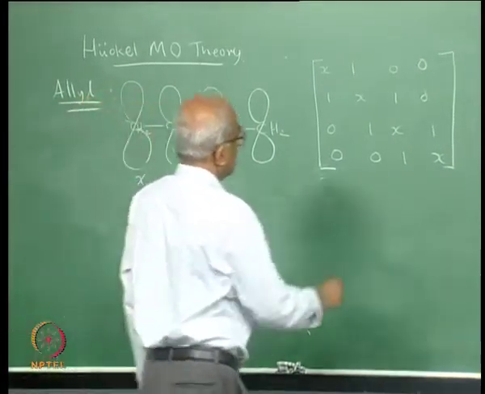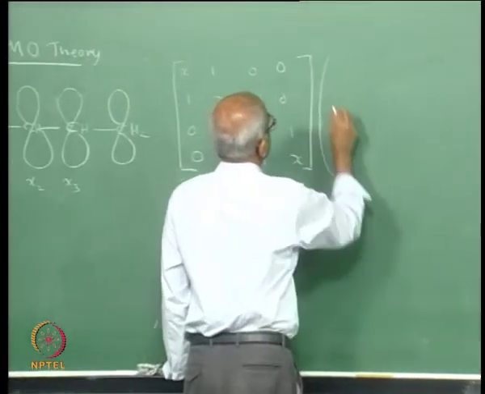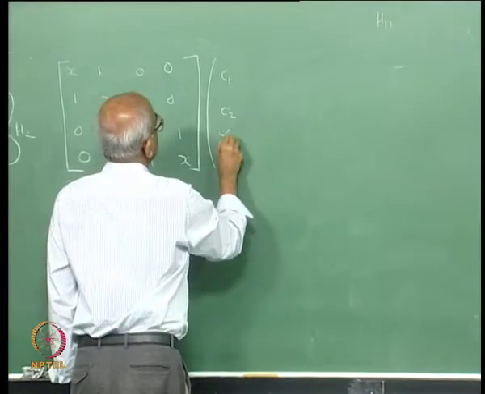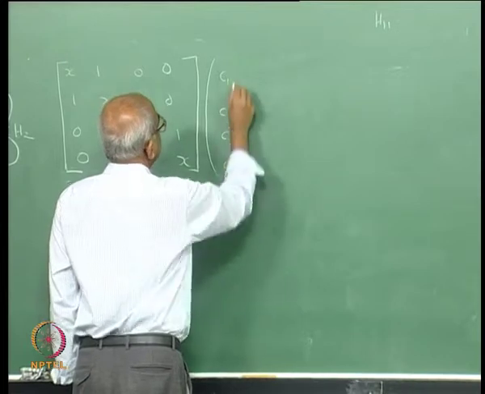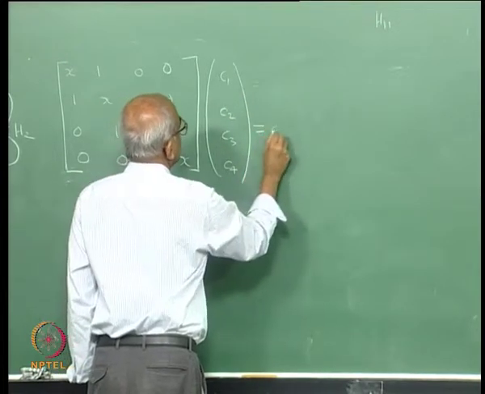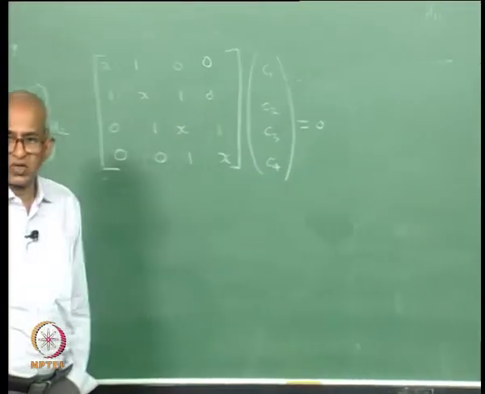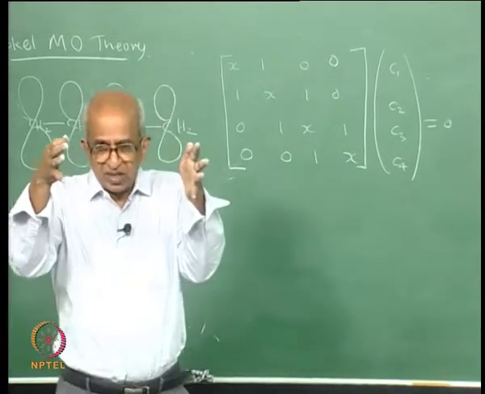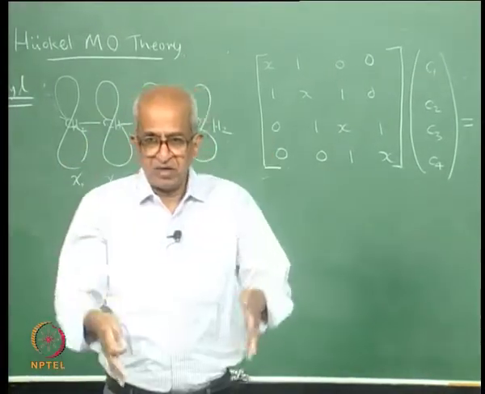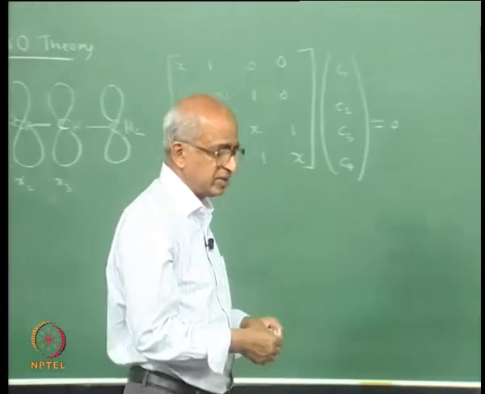This will be the Huckel matrix, this into C1, C2, C3, C4 is equal to 0, and then you have to expand the determinant, you have to evaluate the determinant.